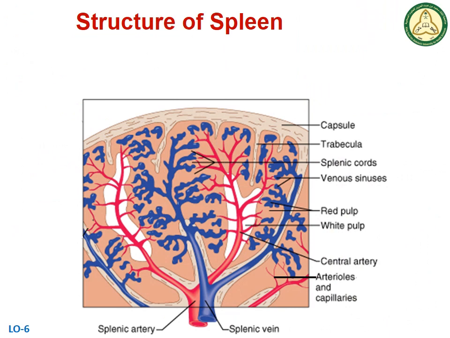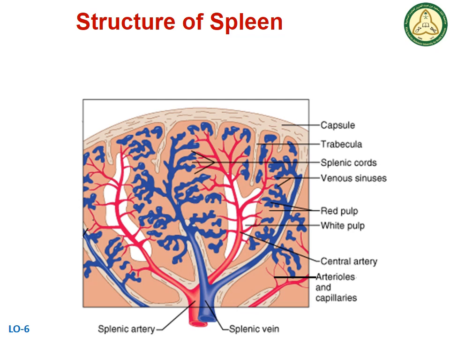Now come to the spleen's internal structure. This is a cut section of the spleen showing different colors, red, blue, and a third color called white. This white is called white pulp, and apart from the white pulp, the surrounding area is called the red pulp, because in the red pulp you will find the red and blue both.